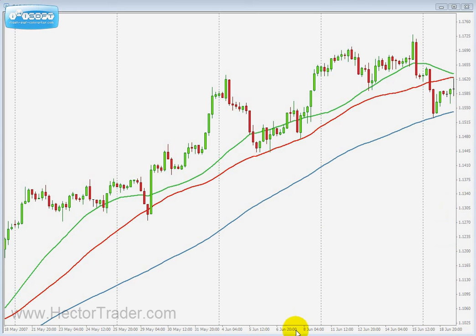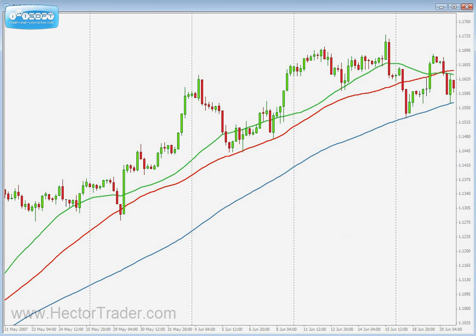Moreover, another condition is out of place now. The 30 is not pointing in the same direction as the 50 and the 100. That's three out of six conditions wiped out within a few bars from that point on. Now, let's keep scrolling.